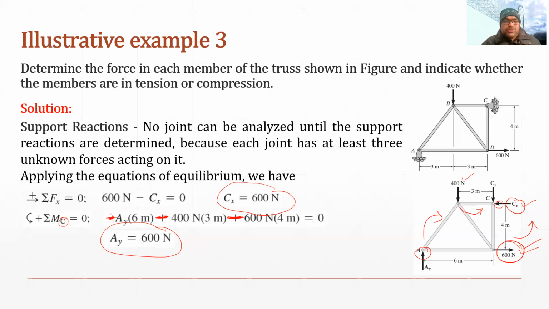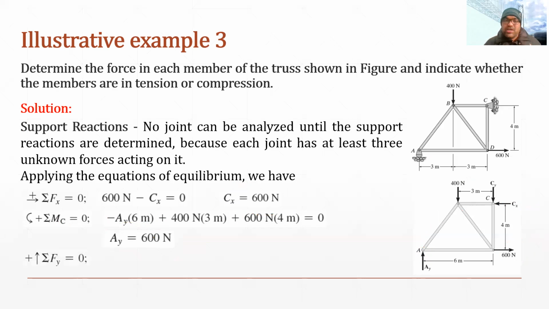Then we will use another equation, summation of Fy equals 0. In this, we find the algebraic sum of all the vertical forces. This AY is 600 and it is upward, so we have taken this as positive. Similarly, the second vertical force is 400 Newton and the direction is downward, so we have taken this as negative.